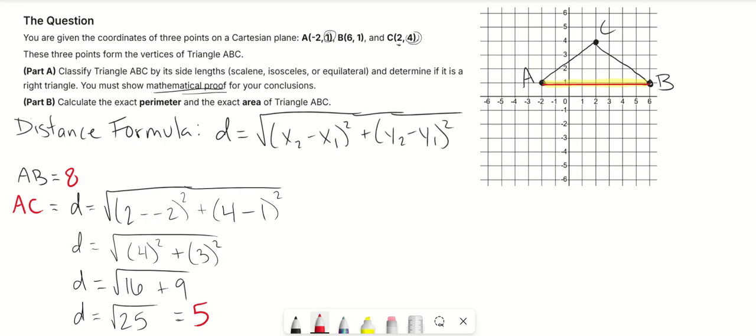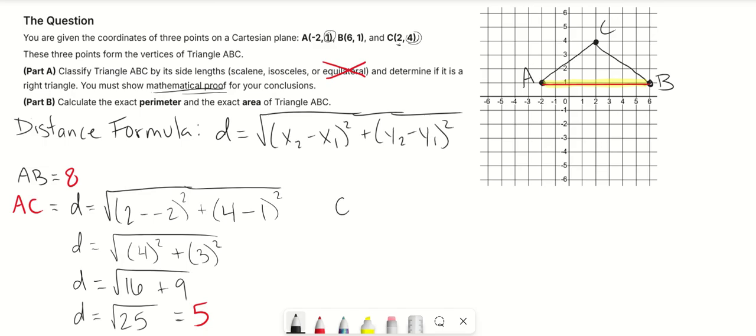All right, so automatically I see that I have one side length of 8 and one side length of 5. So that tells me that this triangle is not equilateral, because an equilateral triangle would need to have 3 congruent sides.